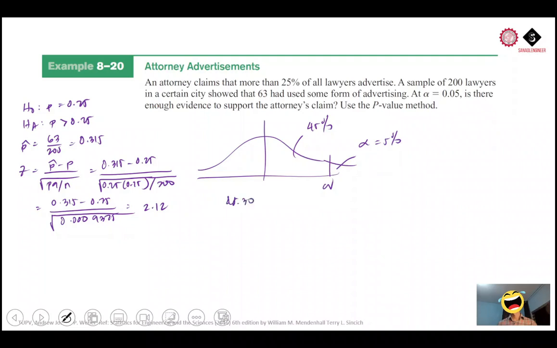So 50 minus 48.30 is 1.7. Since 1.7 is less than alpha, the z value is in the critical region.